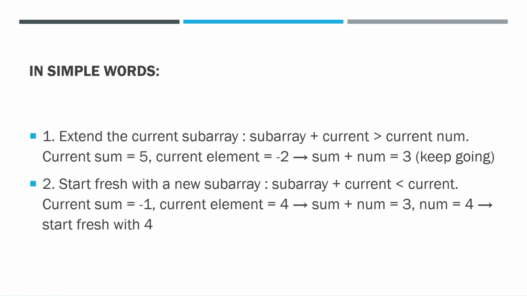If the current sum is 5 and the current element is -2, if we add them up, it's 3. So we are extending the array. For us to start a fresh sub-array, this is going to be the condition. So I hope you understand this. We now will be just writing the code in LeetCode.